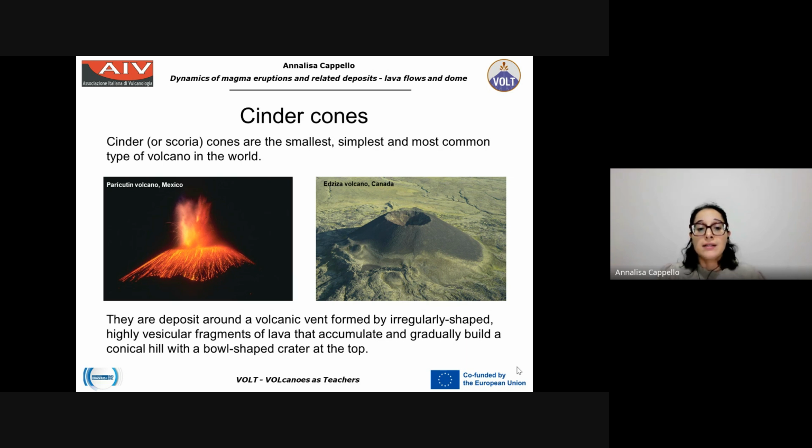The fragments of lava accumulate around the vent, forming this conical hill, which has a bowl-shaped crater on the top.